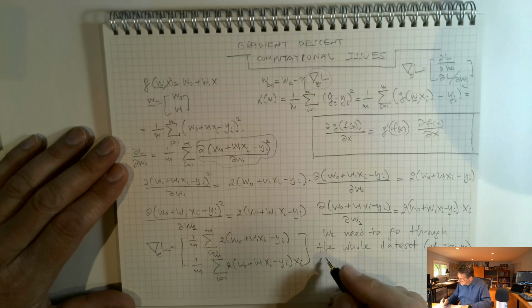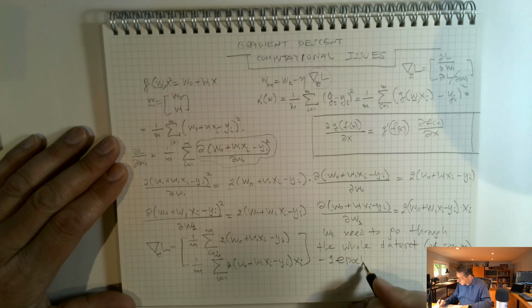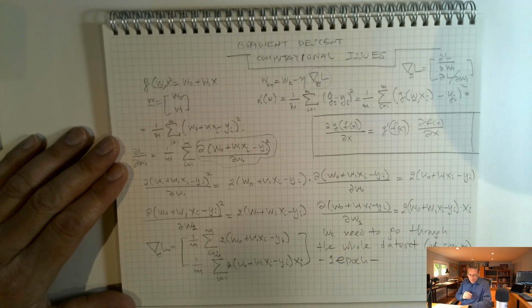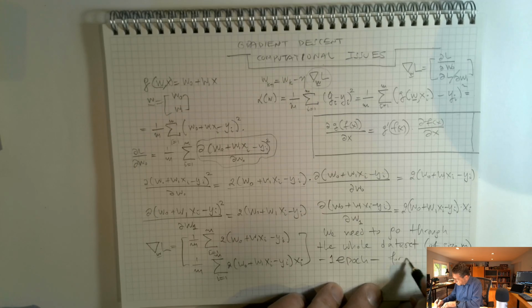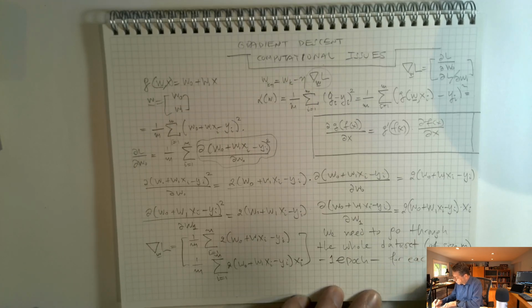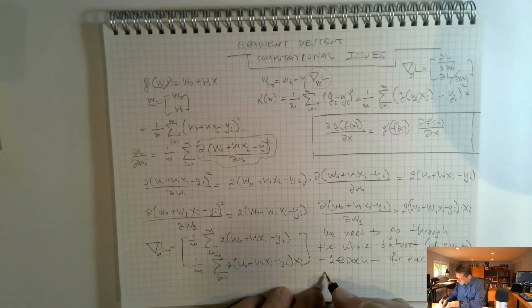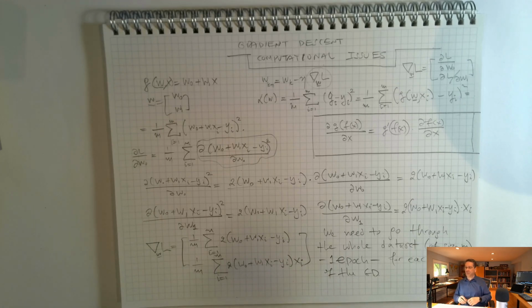We call it one epoch, for each iteration of the gradient descent, and we actually have to go through many epochs. When I say many, sometimes it will be tens of epochs.